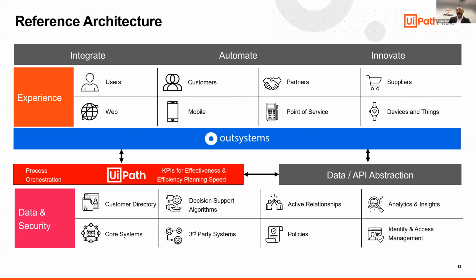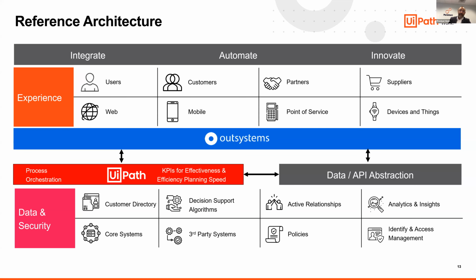You use UiPath. If there are rule-based transactions, you can leverage UiPath to address those volume-based transactions, because you have bots that can run 24/7, executing all those transactions for you.